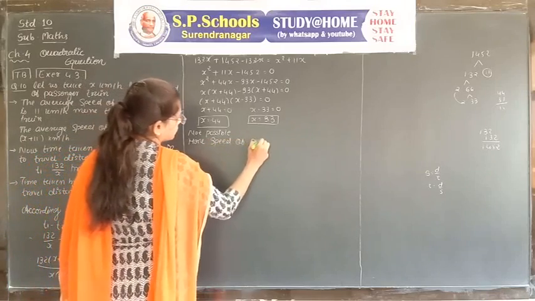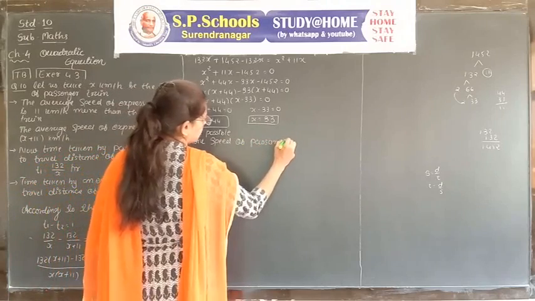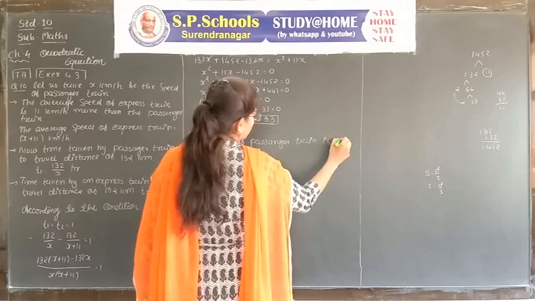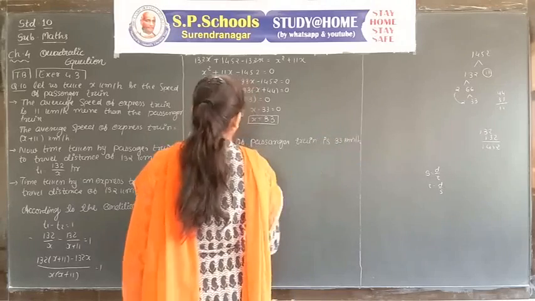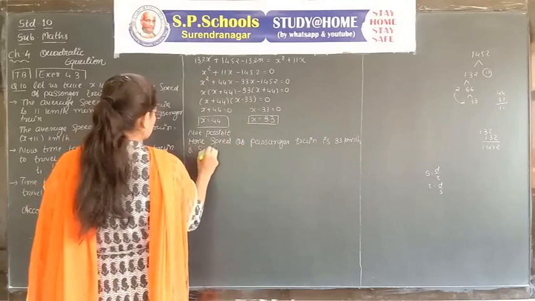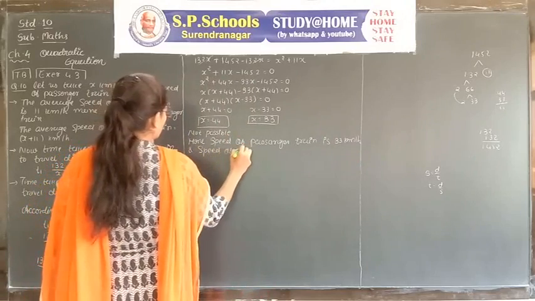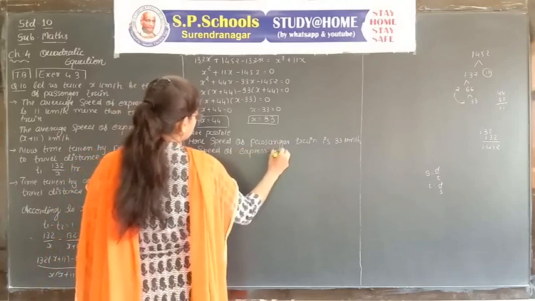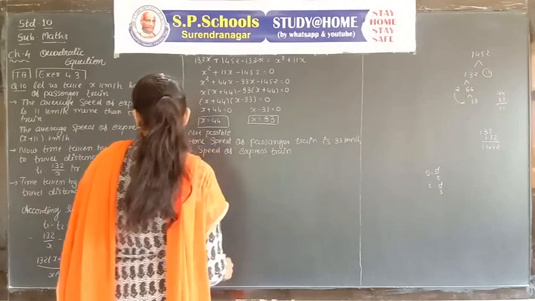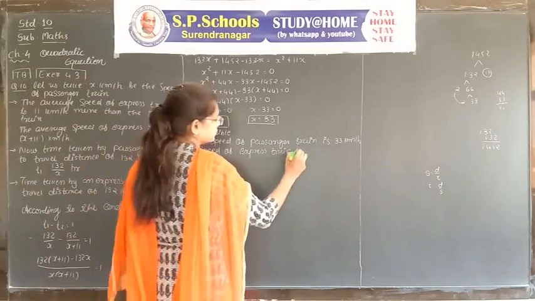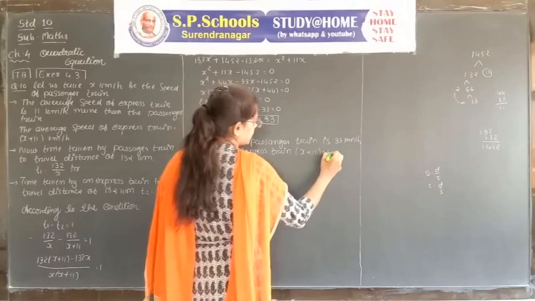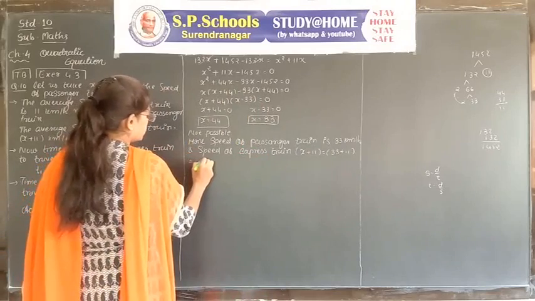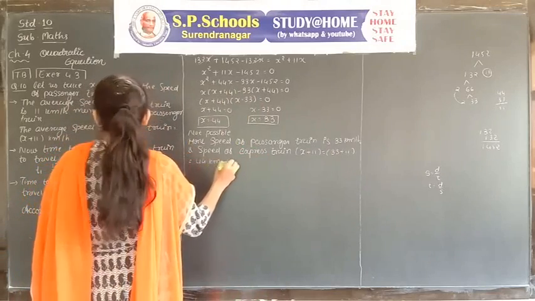Speed of passenger train is 33 km/h, which is x, and the speed of the express train is x plus 11. X plus 11 is equal to 33 plus 11, which is 44 km/h.